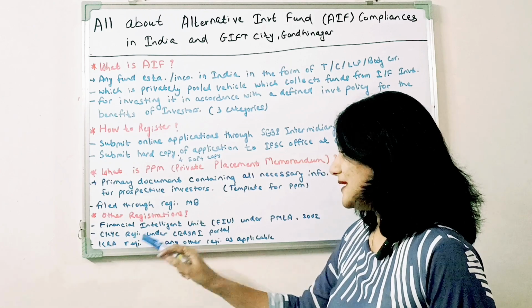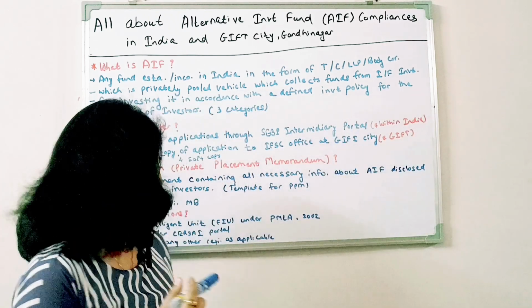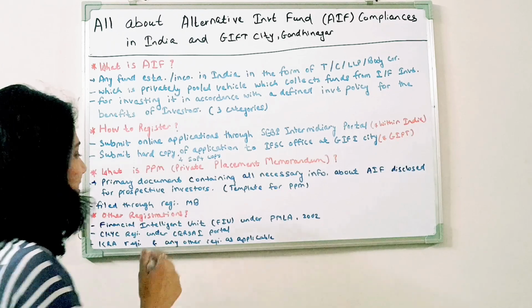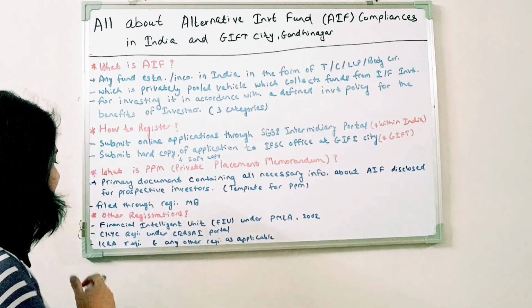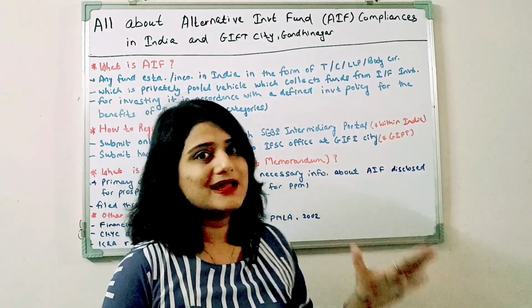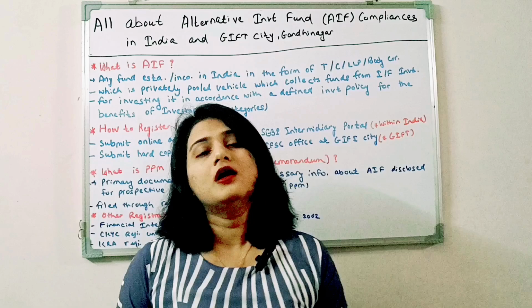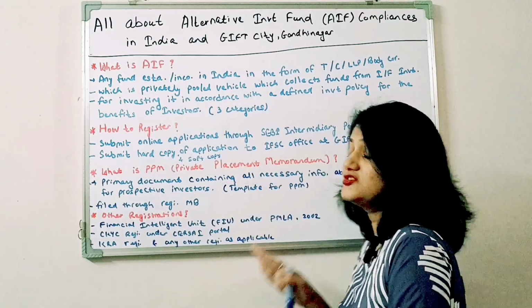Then CKYC registration, that is Central Know Your Customer registration under the CERSAI portal. This is also available online. Then KRA registration, and any other registration as and when applicable. So these are a few mandatory registrations.